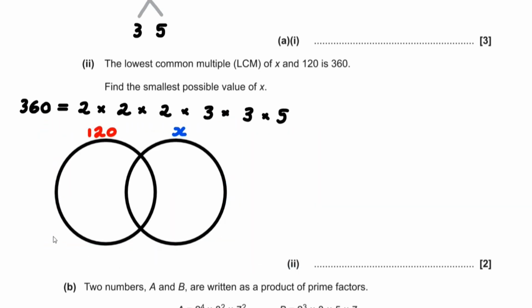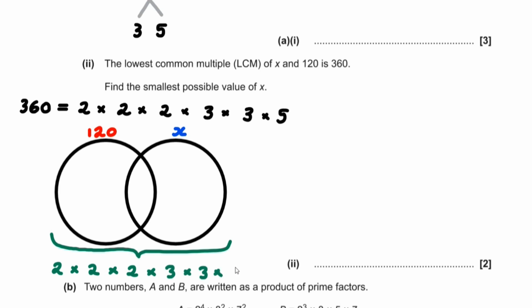So what we mean by that is this bit altogether is 360, which is 2 times 2 times 2 times 3 times 3 times 5. That is what 360 is.